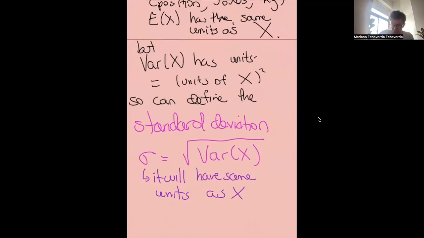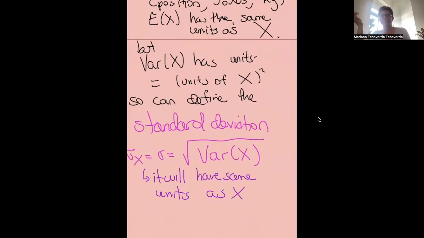Sometimes you either write sigma or write sigma sub X if you want to emphasize the random variable you're talking about. I'm not sure there's actually a Greek letter for the variance.